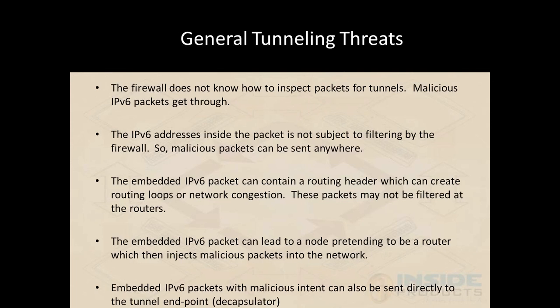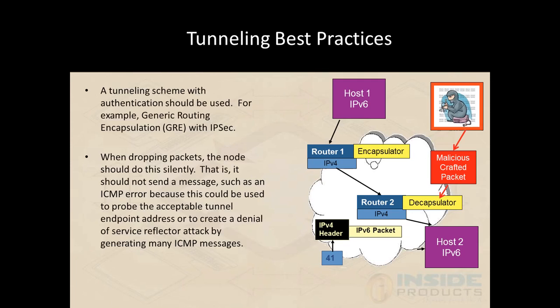Now, what can be done? Well, one of the things that can be done is that a packet can be sent directly to what is called the decapsulator. If you can figure out what router is doing the other end, you can craft a packet and send it directly to that decapsulator. So if you're going to use this kind of methodology, you should make sure that your decapsulator is making certain checks.